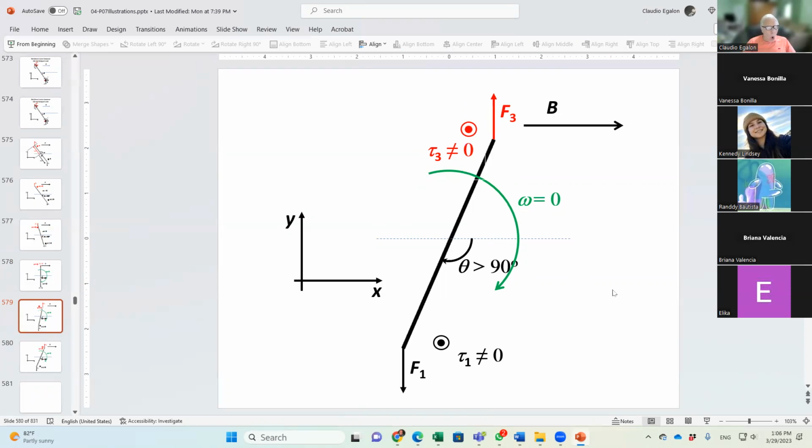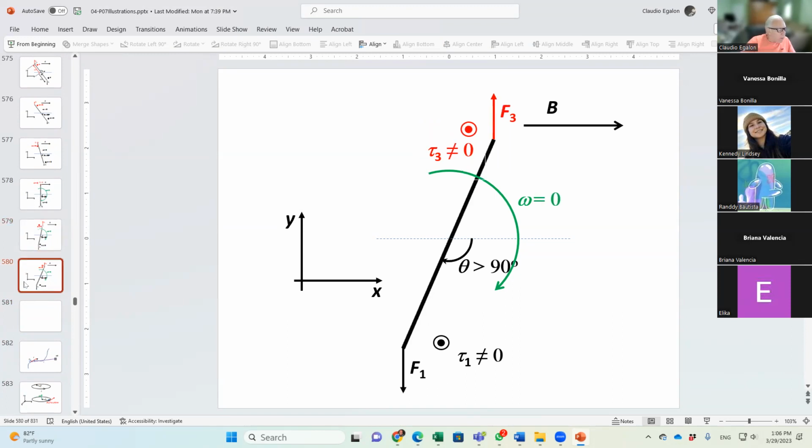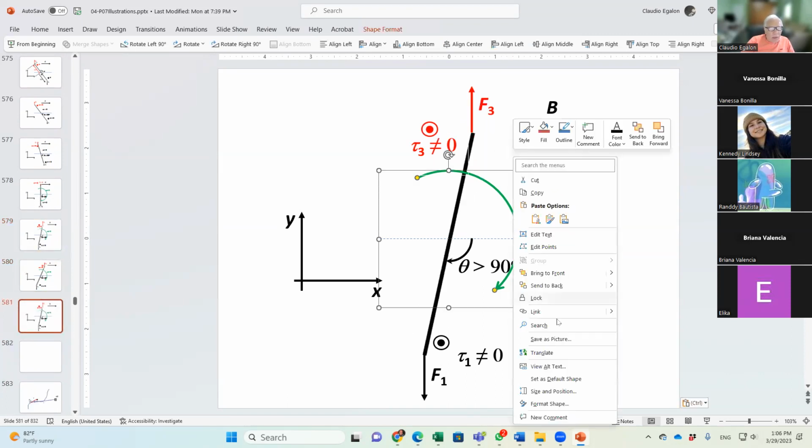And it's going to slow down my loop little by little until it comes to omega equal to 0. And then it's going to return, and now it's reverting direction. Let's continue with the simulation here. Now this guy here changes direction.